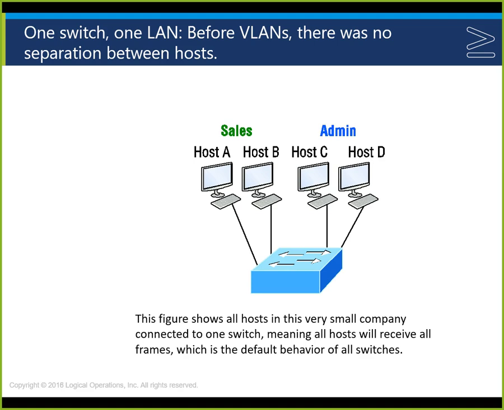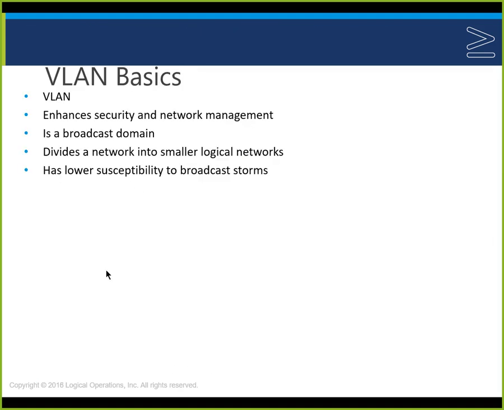This says sales and admin, but if I don't have anything really particular like that, if I had a classroom 200, I might make it 192.168.200, and I might make the VLAN the 192.168.200 VLAN so that I can do all of those associations easily when I start working with the devices. The VLAN basics here, why do we do them?